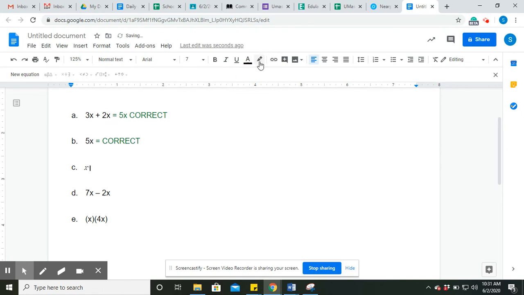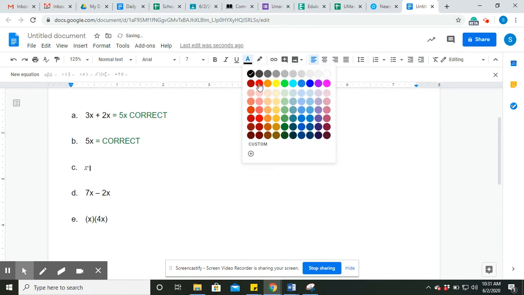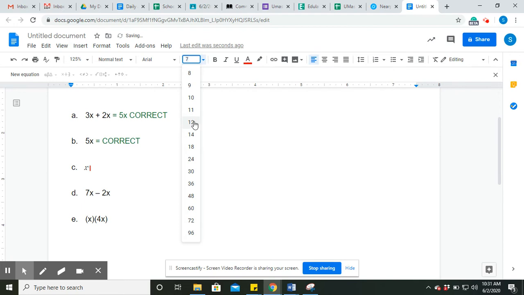If I come down to expression C, x to the power of 5, I know, using my knowledge of variables, that that is actually equal to x times x. I'm going to do these in parentheses instead.